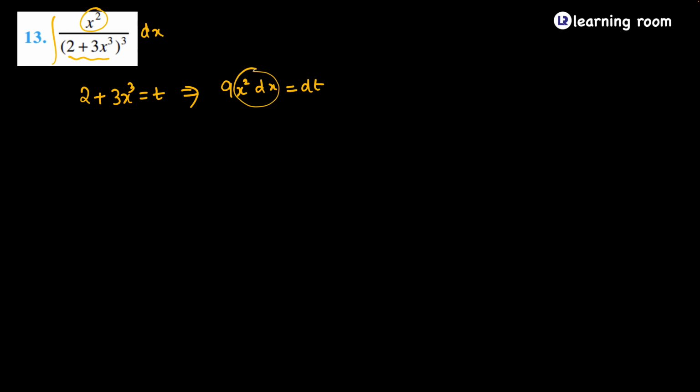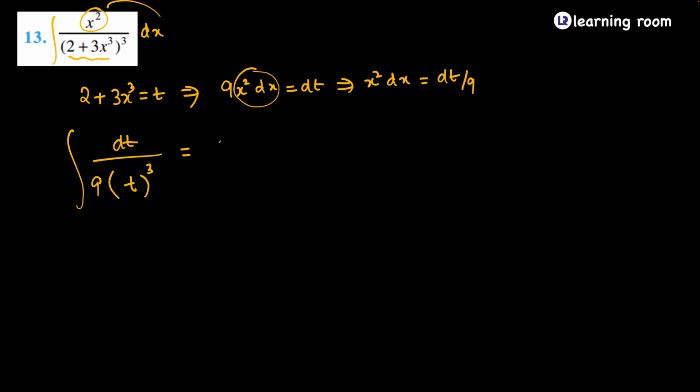So x square dx is equal to dt divided by 9. So x square dx is dt by 9, and 2 plus 3x cube is t, so it will be t cube. So this will be 1 by 9 times the integral of t power minus 3 dt.